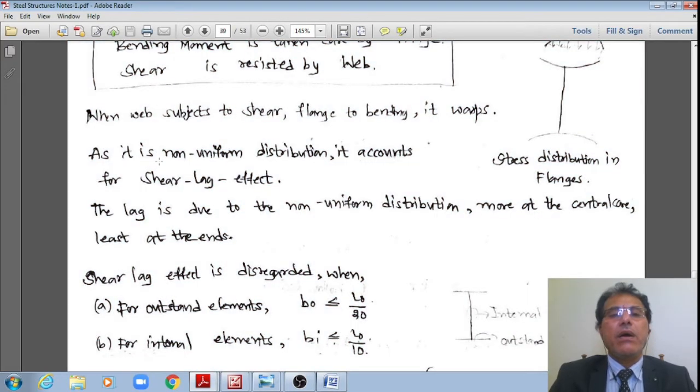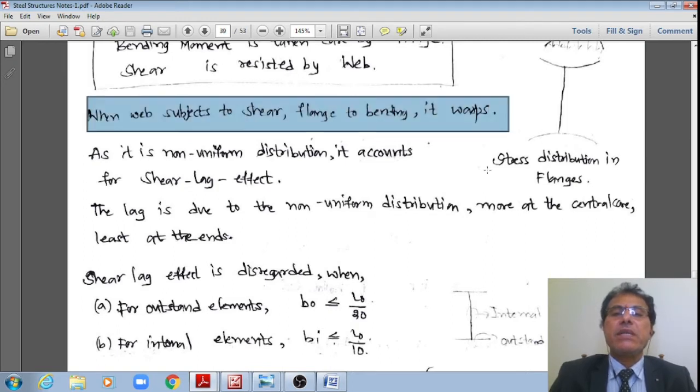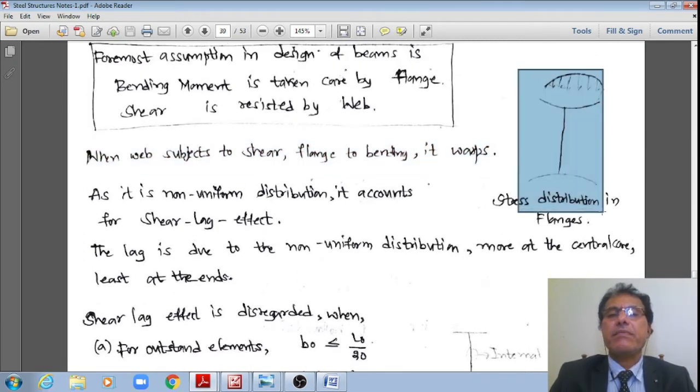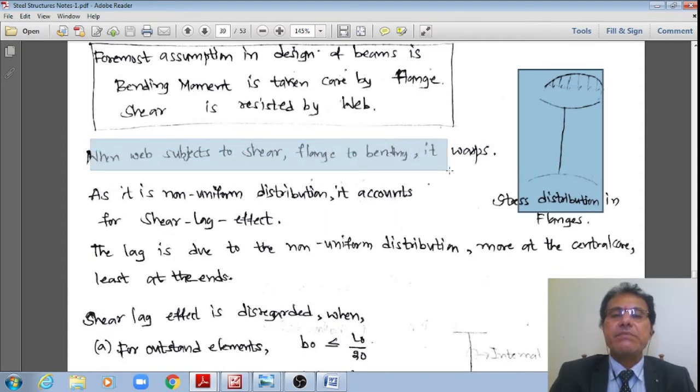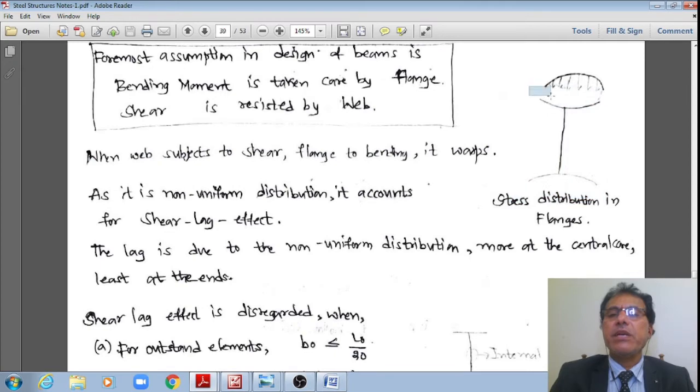Now the code says that when the web is subjected to shear to resist the shear forces, the flanges are subjected to bending moment. Because of this, the section will warp like this. Because of the combined action of the web subjected to shear as well as the flanges subjected to bending moments, the entire section, meaning the flanges, will be subjected to warping.